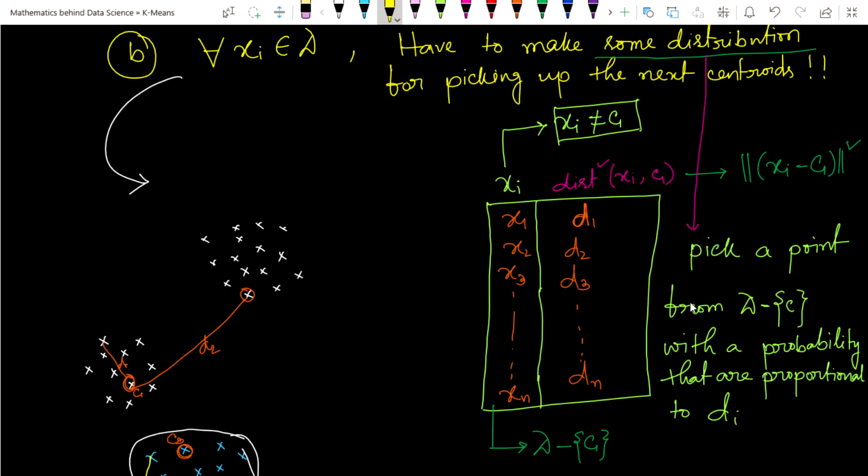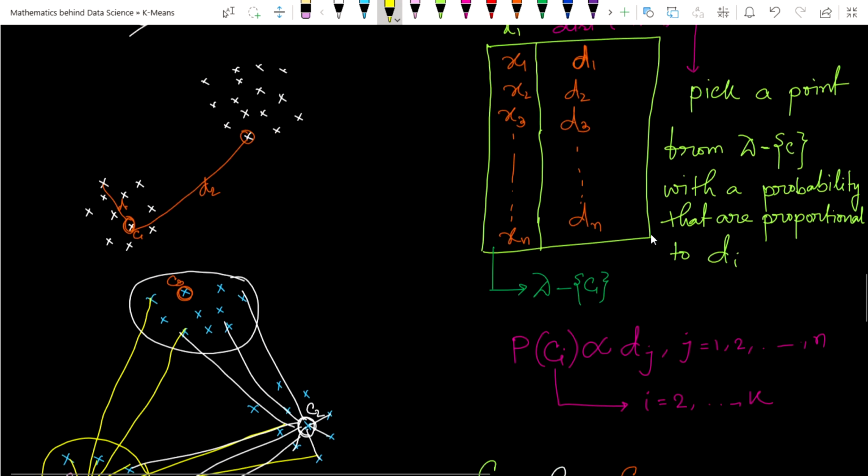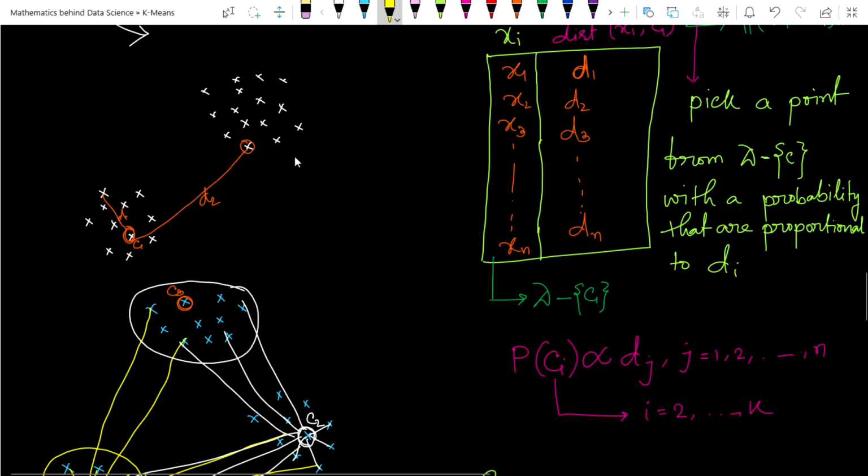Since the probability is proportional to the distances, we have a better chance to pick the next centroid further from the first picked centroid. Using this distribution we choose the next centroid, and the same for the rest.